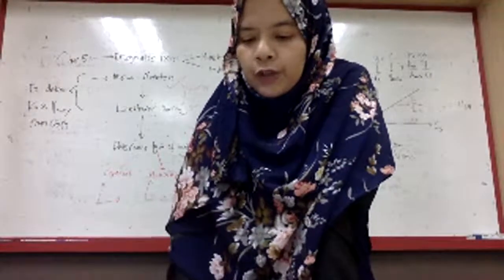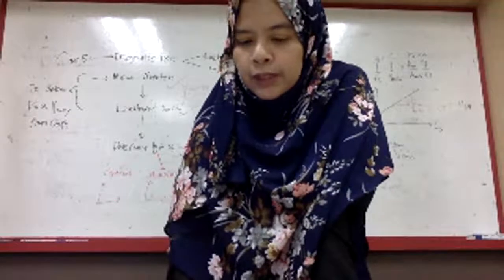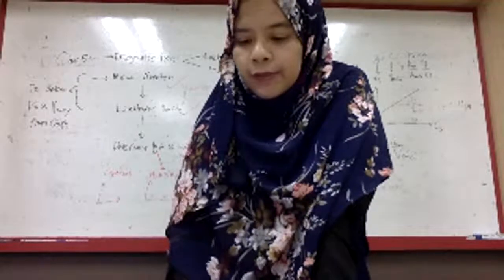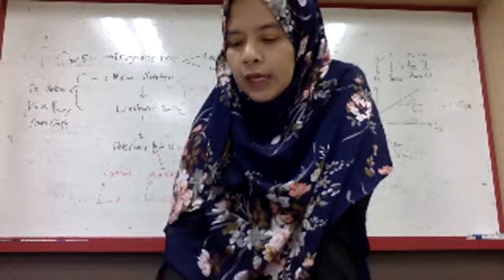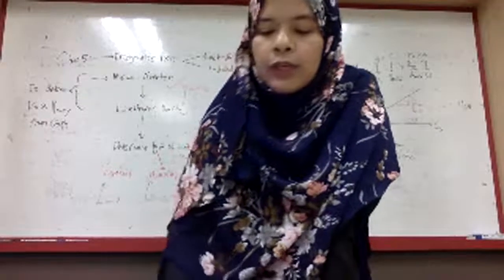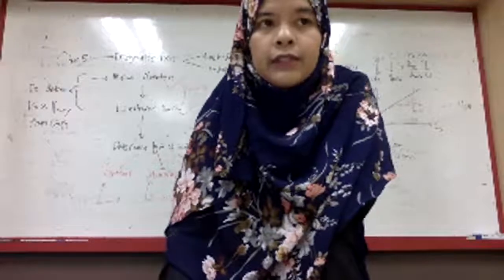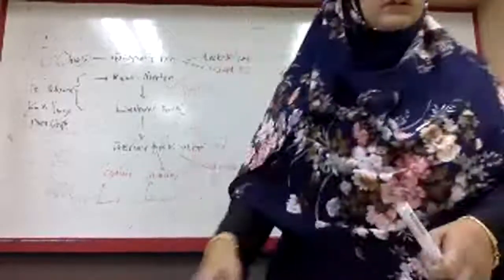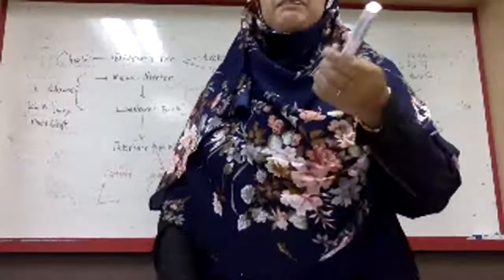So if you refer to the competitive inhibition in your book, it will be a graph like this.